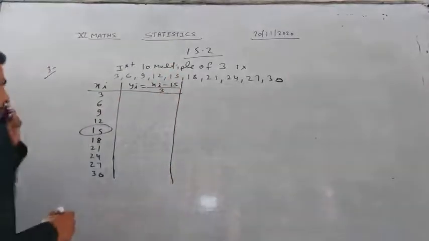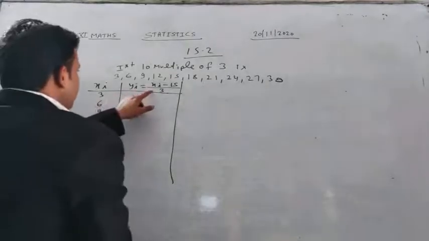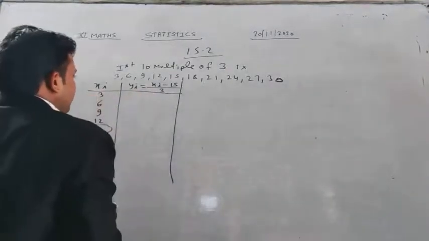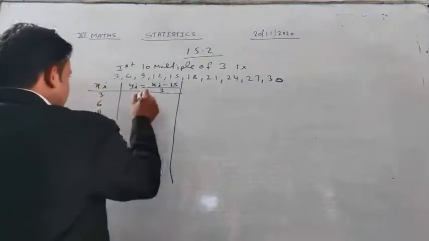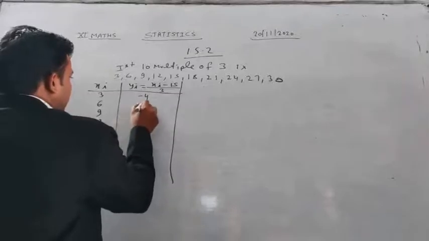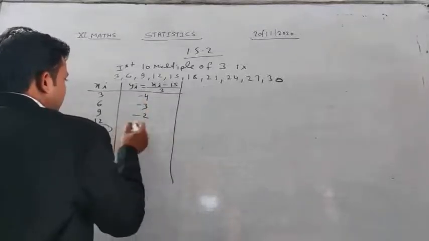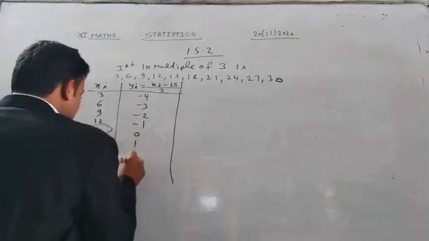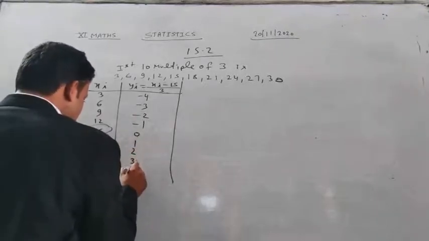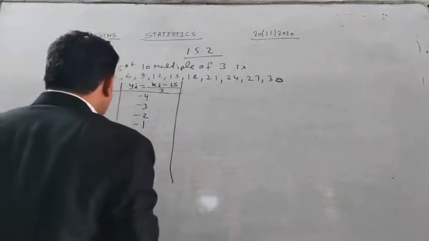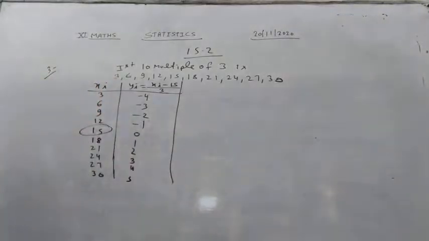So now we write yi as xi minus 15 by 3. 3 minus 15 is minus 12, divided by 3 this is minus 4. And 6 minus 15 is minus 9, by 3, minus 3. Then minus 2, and this is minus 1, and 0, 1, 2, 3, 4 and 5.